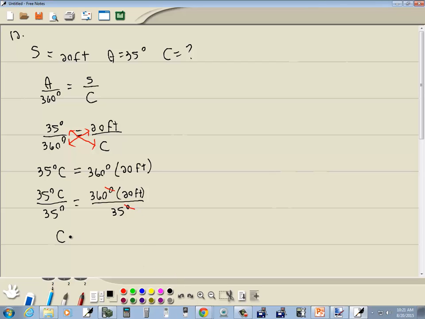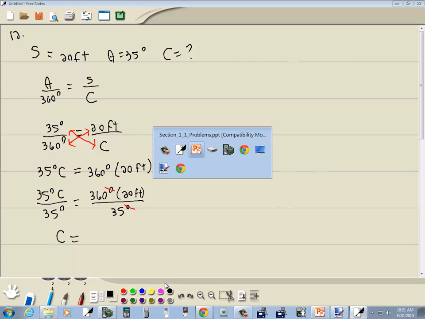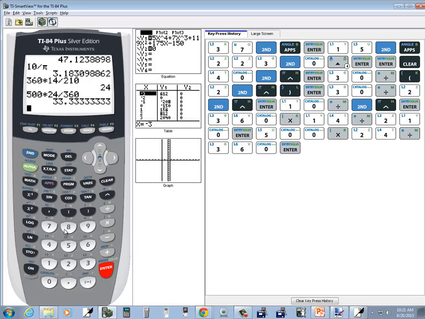So then our circumference, I'm going to do this in the calculator, 360 times 20. Even though I don't need it based upon how the calculator is designed, I'll go with my rule I told you earlier. If you ever have more than a single number or single pi on top or bottom, put parentheses around it.